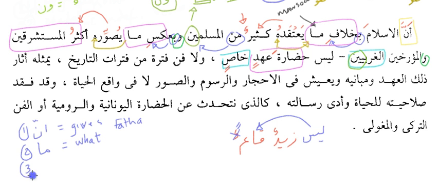Number three, we said that the vowels are sometimes represented by letters, such as ya and noon, like we had in muslimin.